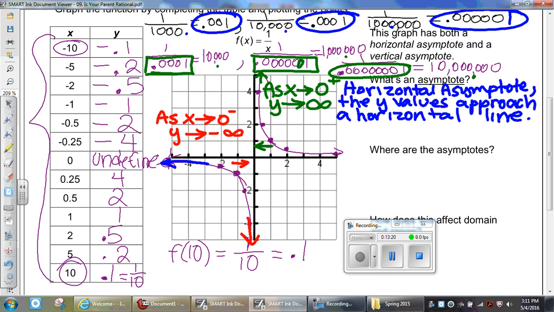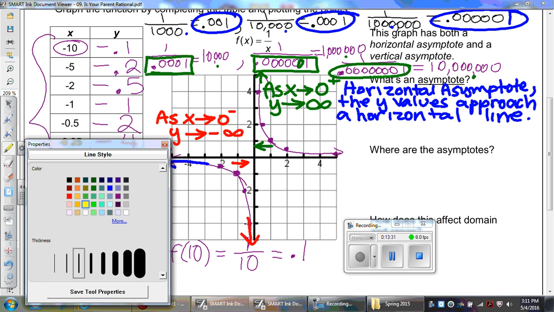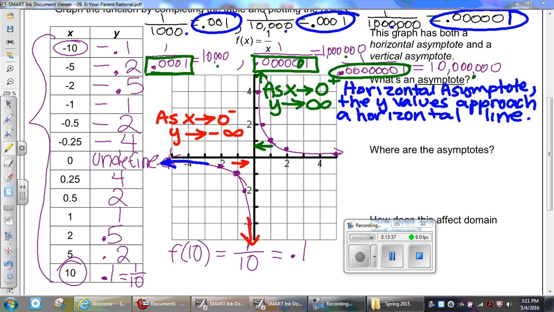So when we have those type of situations, by the way, I was saving this for later, but let's just throw it in. So right here, this one is going to be the vertical asymptote.